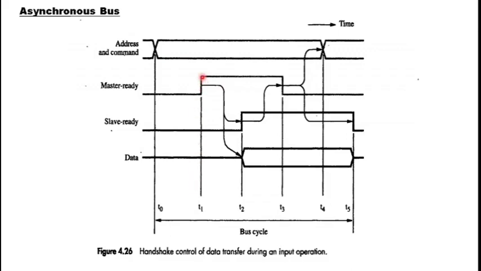So for certain slaves like A or C or F, the slave first sees the master ready signal, and then only it sees address and command signal that is generated by the master.